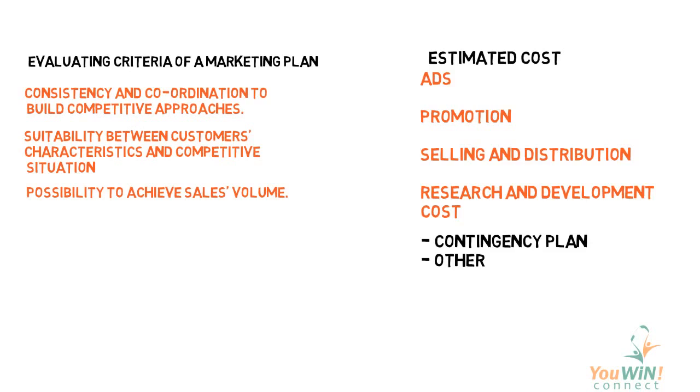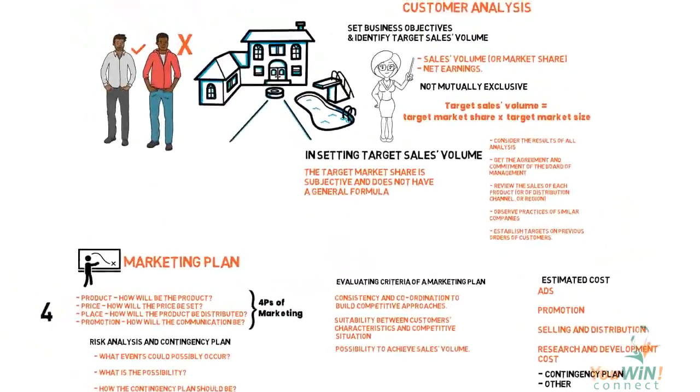Specific expenses need to be added up, and we can use market price and experience to do this. This brings us to the end of the part of discussing the marketing plan. By the time we've gone through all of this, we would have everything that we need to put into the marketing plan for our business plan.